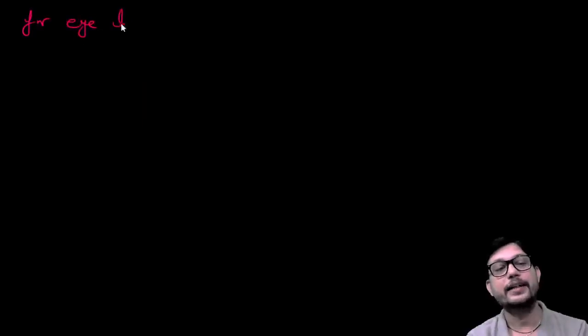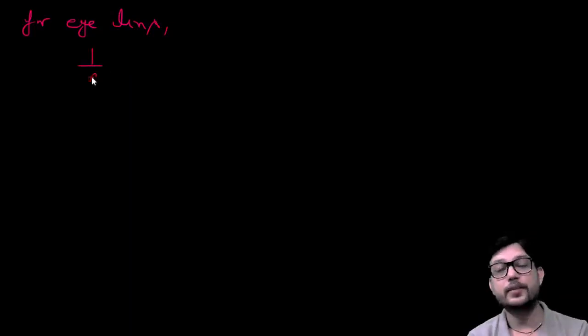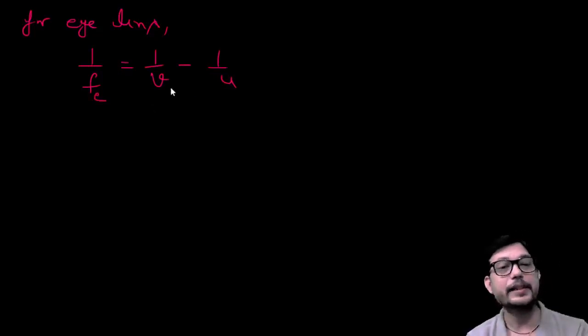Now apply the lens formula for the eye lens. For the eye lens we can write the lens formula 1 upon f equals 1 upon v minus 1 upon u, so it is FE, VE and UE.